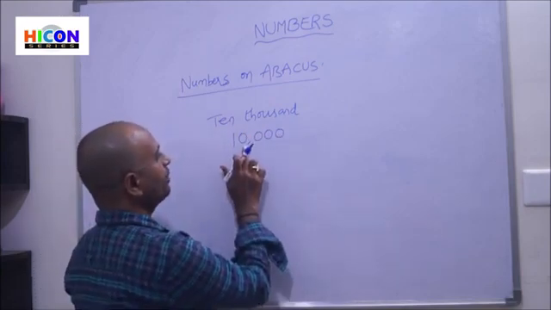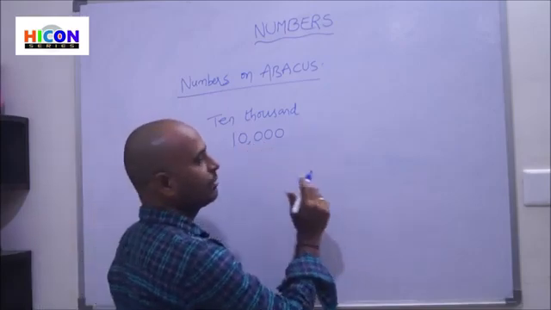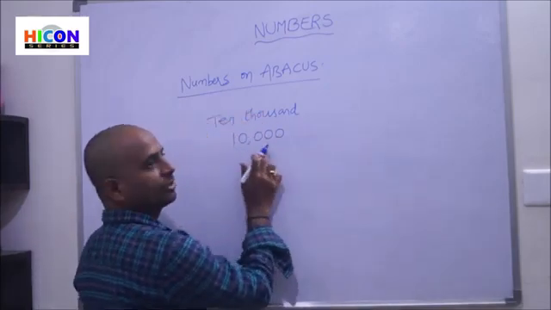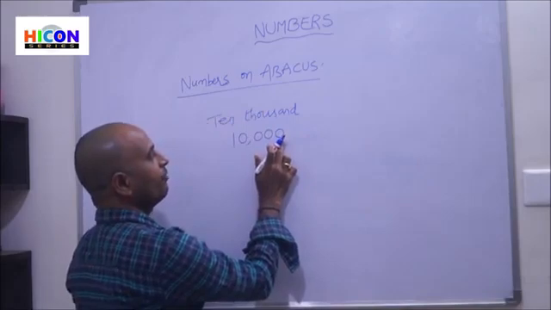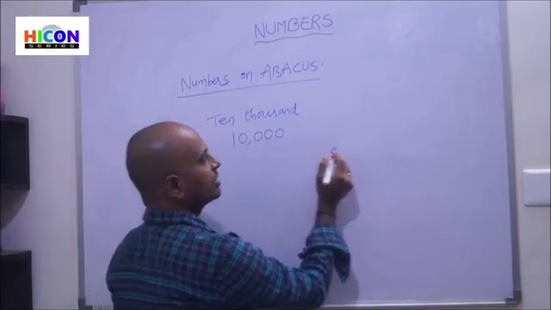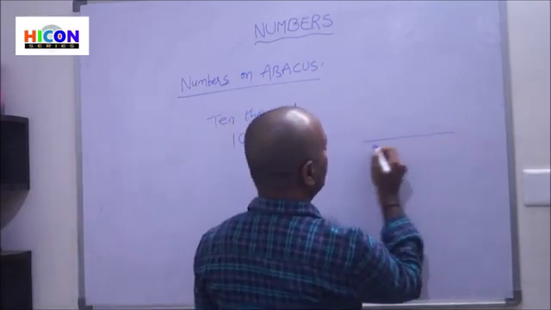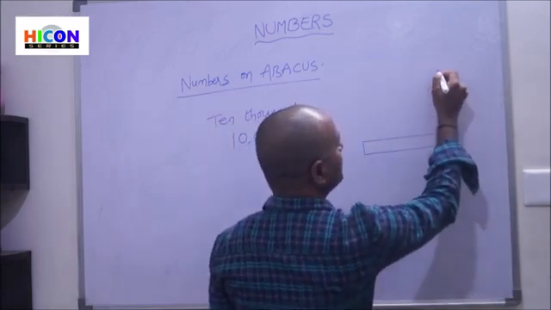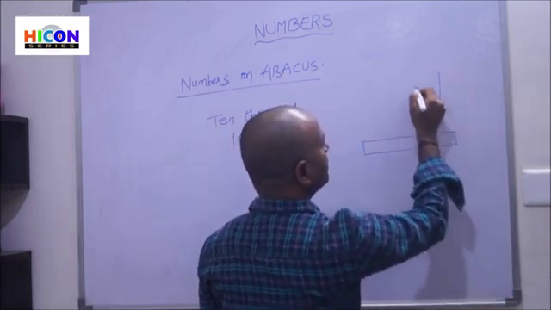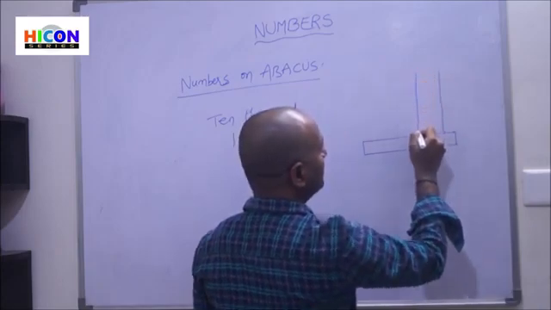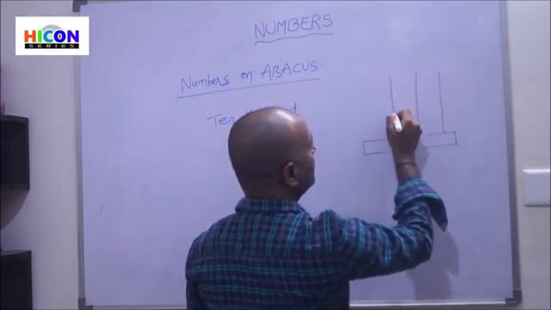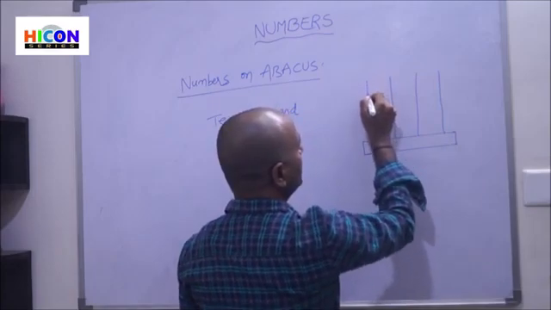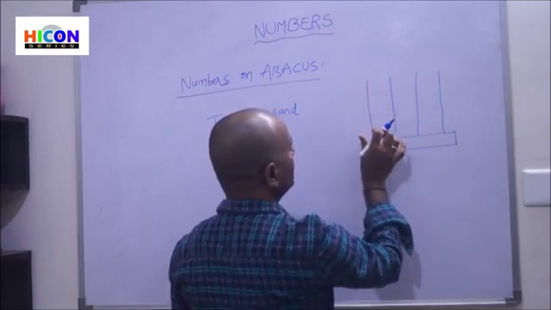Now we have to represent 10,000 on the abacus. In 10,000 there are 5 places, so in the abacus we have to take 5 sticks. This is the first stick, second, third, fourth and fifth stick.